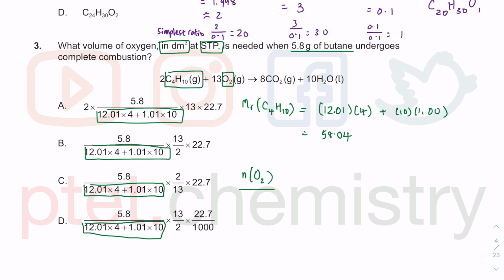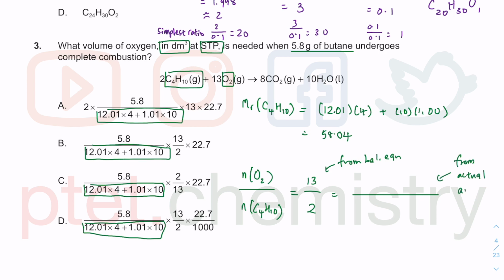The mole of oxygen is what you want, divided by the mole of C4H10, the information that we have. And then this is mole of something over mole of something. So from the balanced equation, 13 mole of oxygen divided by 2 moles of C4H10. So just put in the mole ratio. This is from the balanced equation, whereas the other side is going to be from the actual amount.